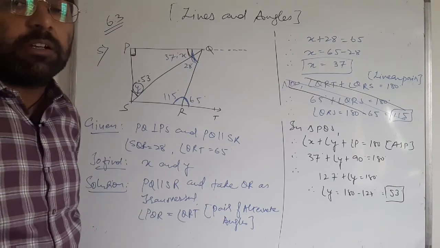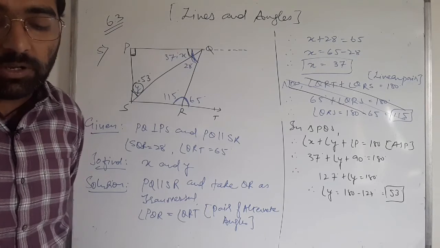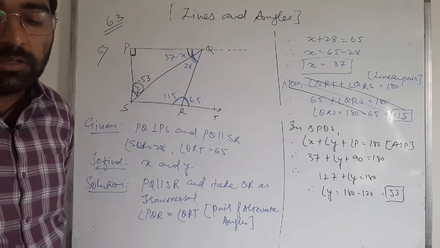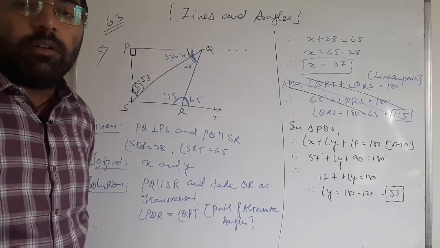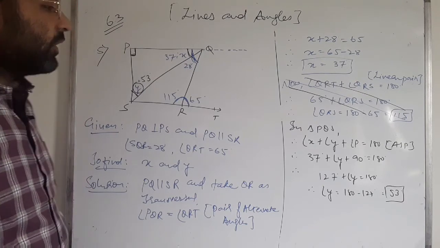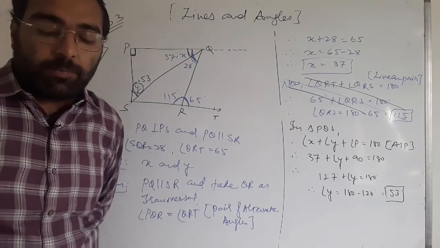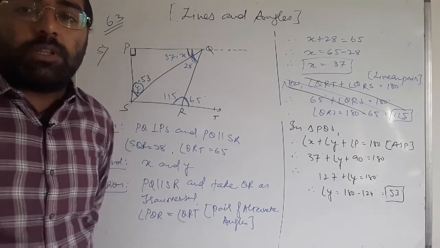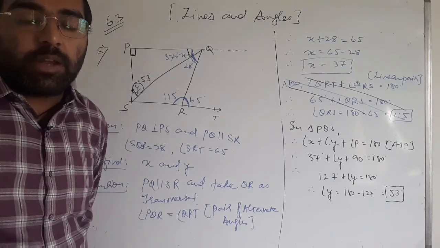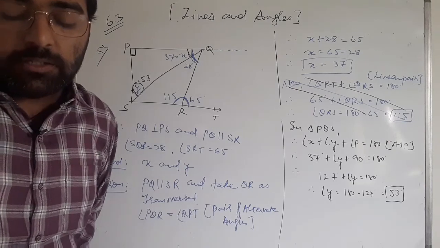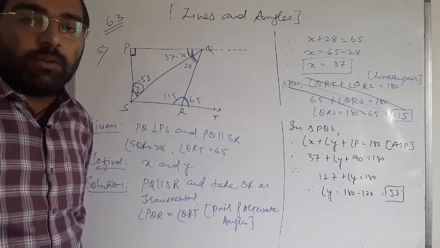That was the last question of exercise 6.3, question number 6. Next we have to move to chapter number 7. For chapter 7 you must understand the properties of the triangle.